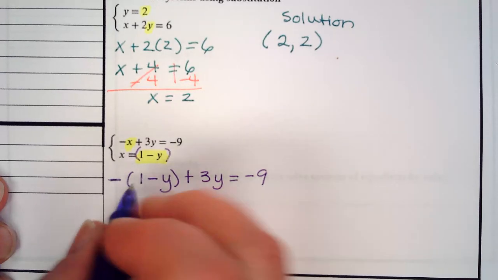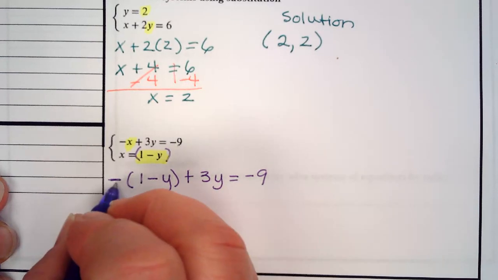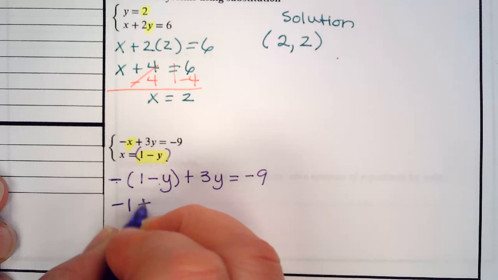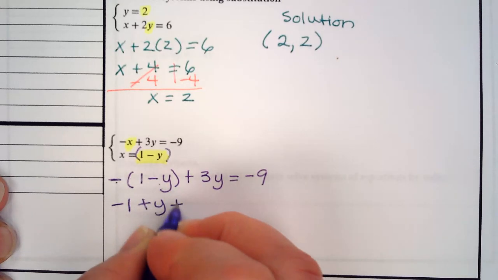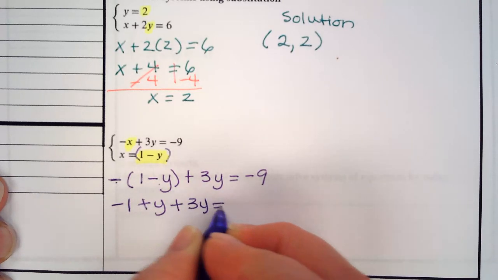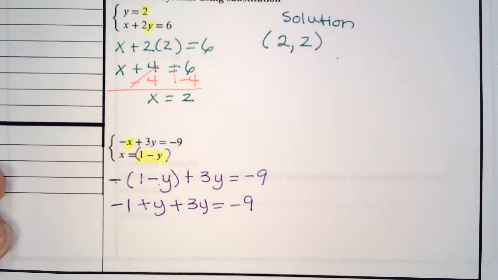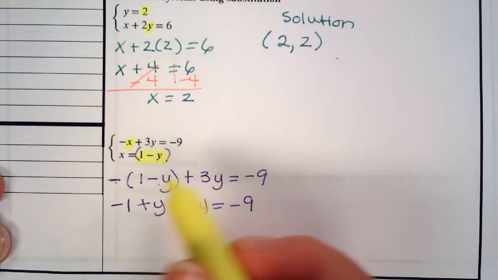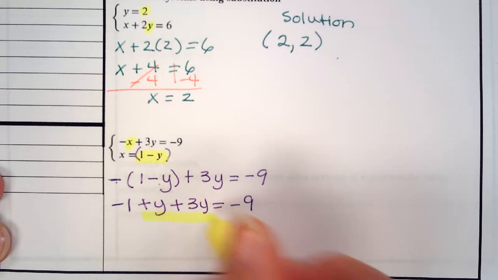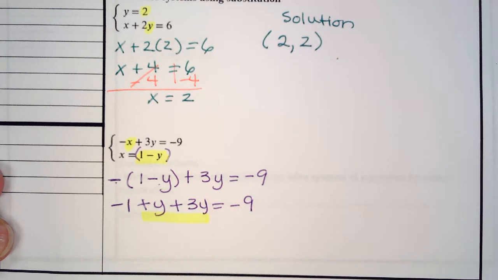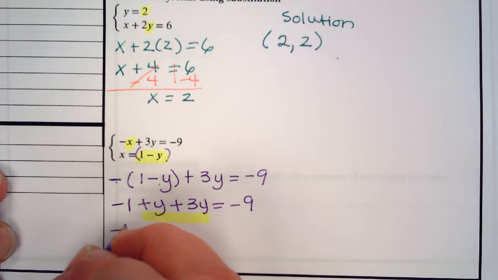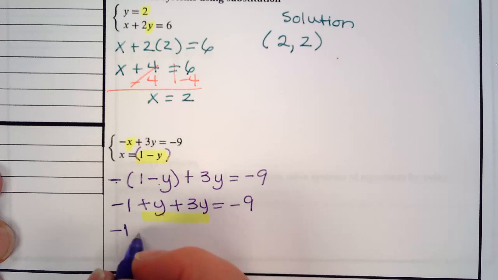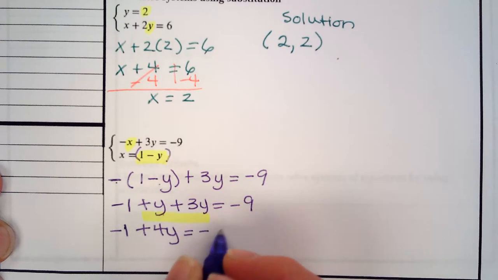Negative 1 times positive 1 is negative 1. Negative 1 times negative y is positive y. Plus 3y is equal to negative 9. Okay, we have to combine our like terms. There are my like terms. Negative 1, and y plus 3y is 4y. Plus 4y is equal to negative 9.